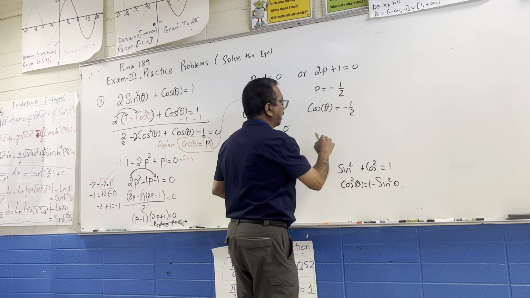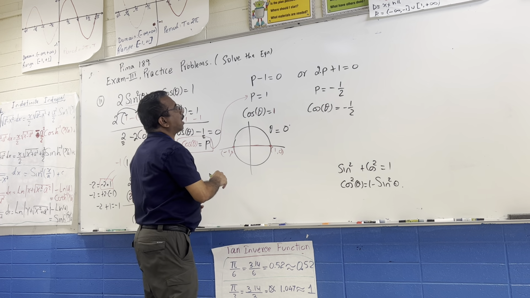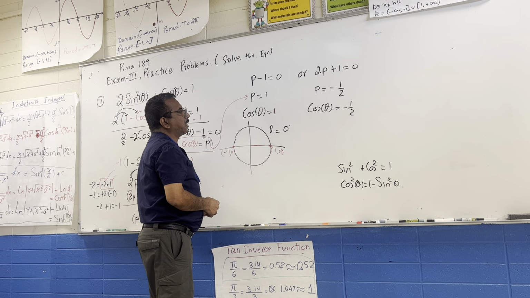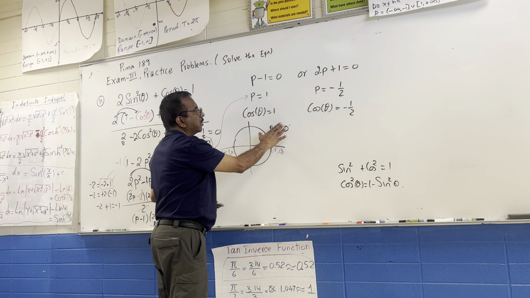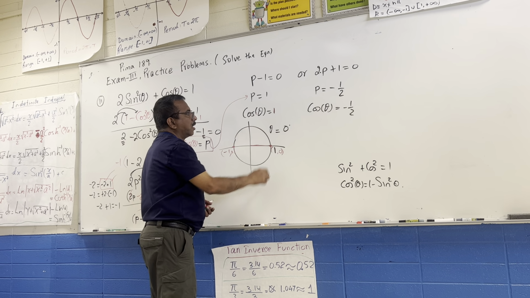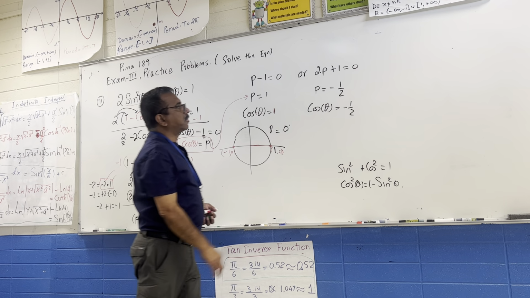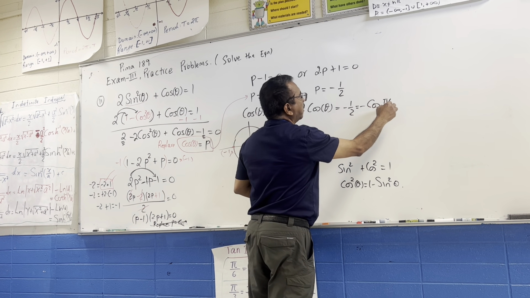We are asking when cosine theta is 1, so you want to know when it is going to be 1. Yes, this is correct. And the other one is cosine theta equals minus half. This is minus cosine of pi by 3, right?